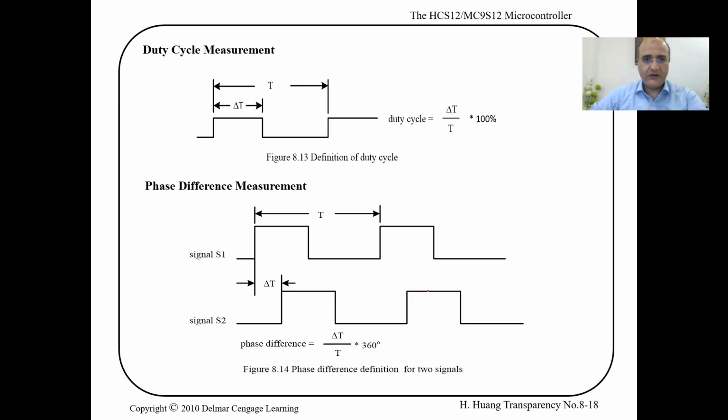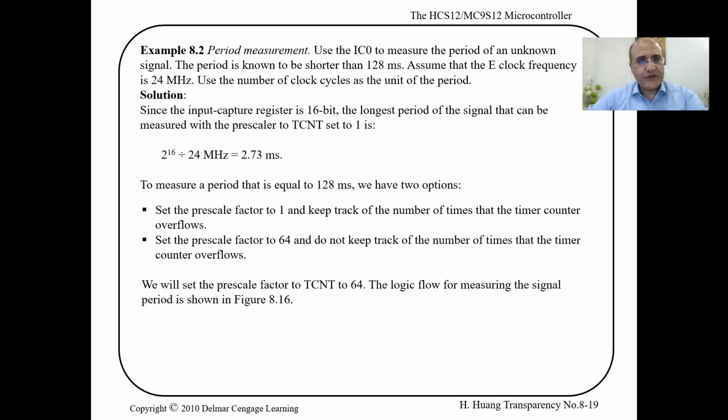And if you tell it to capture on every rising or falling edge, the first two captures will be the pulse width, and the third capture with the first one will be the period, and you will be able to compute your duty cycle. Phase shifts, maybe. Many applications.